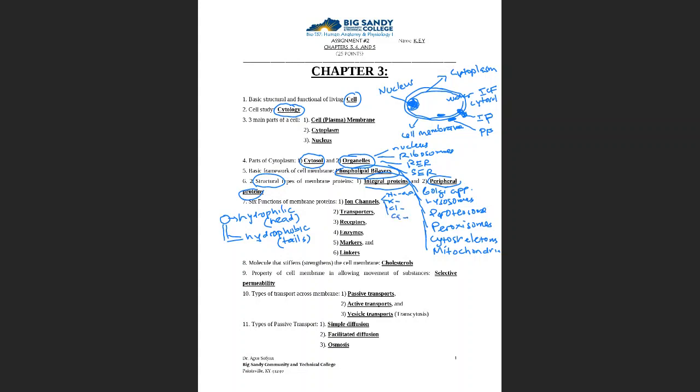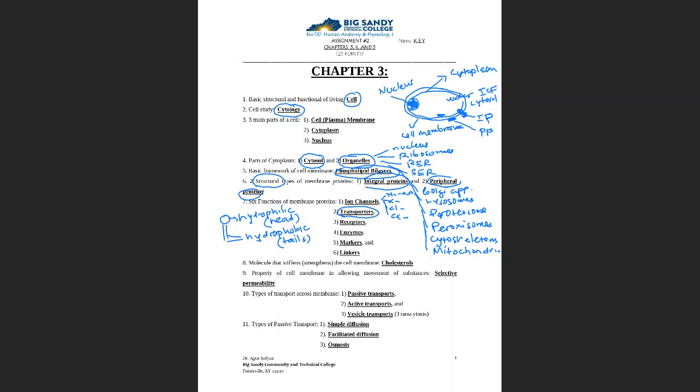Each ion will have its own gate or its own channel. The second one is called a transporter. This is the one that transports bigger molecules like amino acids and glucose.